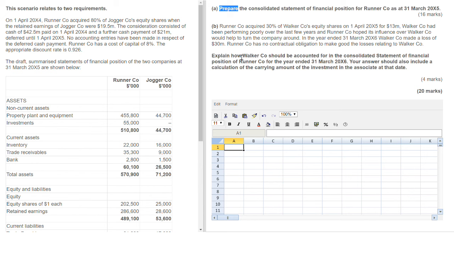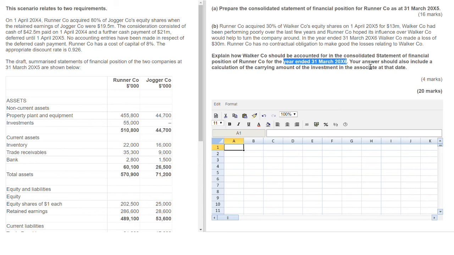So it says here, explain. So it's wanting some narrative explanation how Walker should be accounted for in the consolidated statement of financial position of Runner Co. So again, Runner Co is the parent. Walker, we'll see who Walker is in a moment. Again, for the year ended, is it the March 20x6?